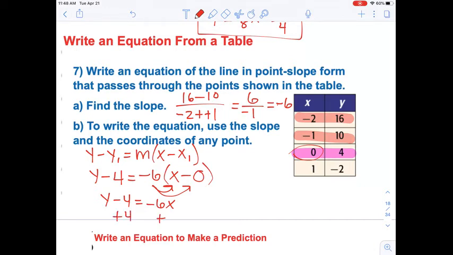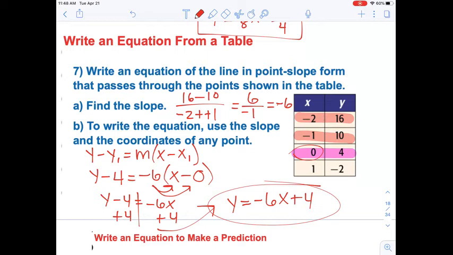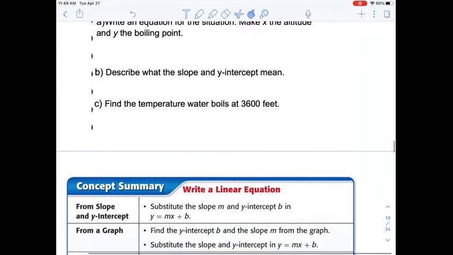So I'm just going to leave it as -6. Now I'm going to add 4 to both sides because I want y by itself. And I'm left with y equals -6x plus 4. So now we have it in slope-intercept form. Our slope is -6, and our y-intercept is 4.